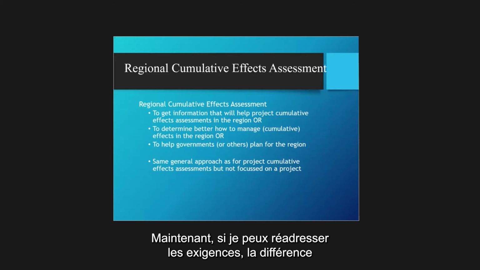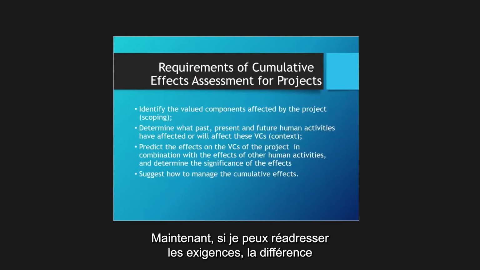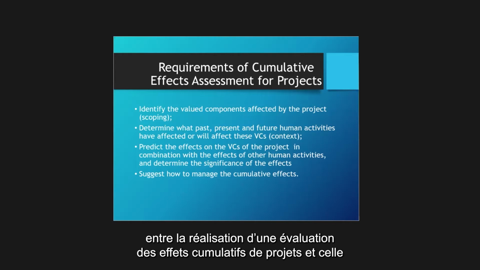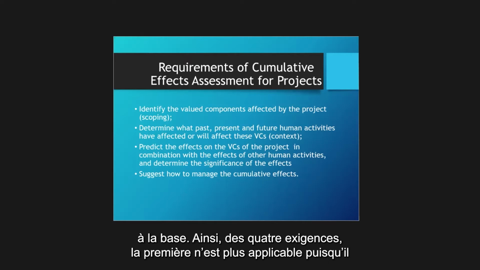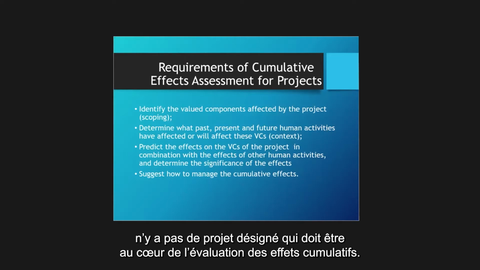Now, if I can take you back to the requirements here, the difference in how you carry out the project cumulative effects assessment and the regional cumulative effects assessment is that you don't have a project as the base. So in the 4 requirements, the first requirement is now off the table because there's not a designated project that needs to be the focus for the cumulative effects.